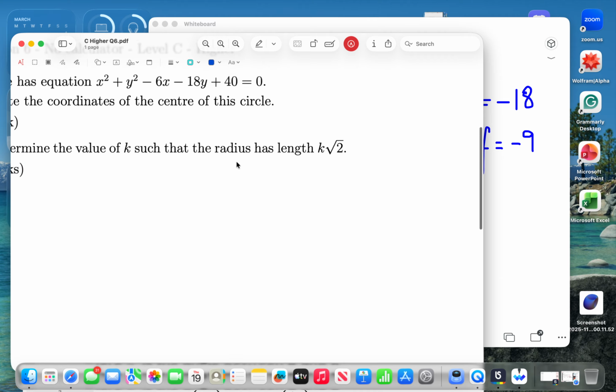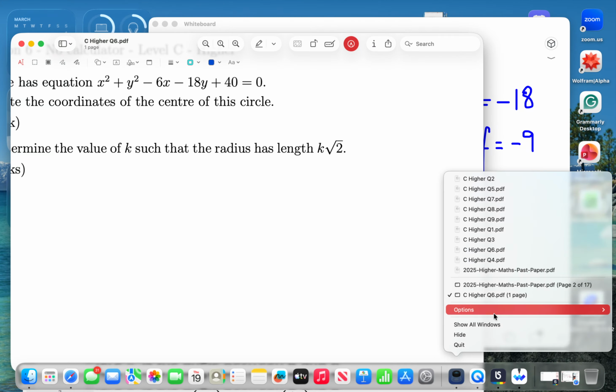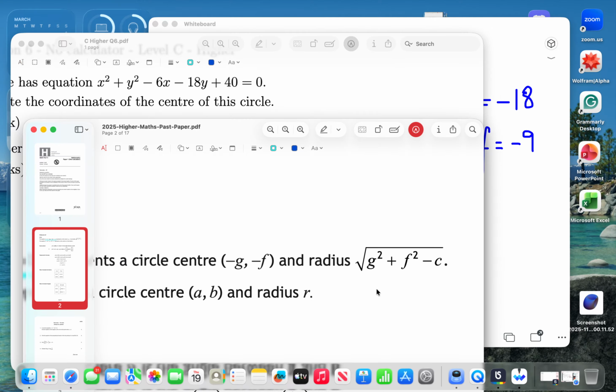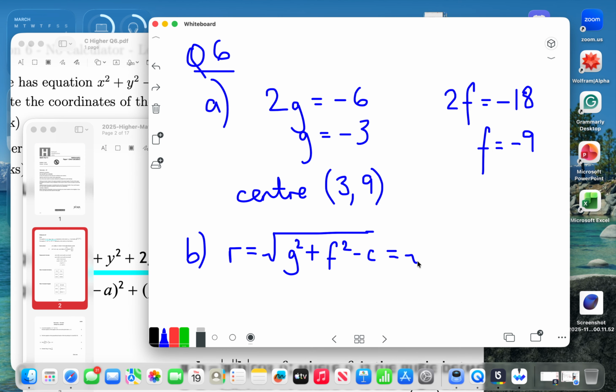Back to this, we can see that c is 40, because if we compare again with the plus c, it's 40. So that is minus 3 all squared plus minus 9 all squared minus 40.